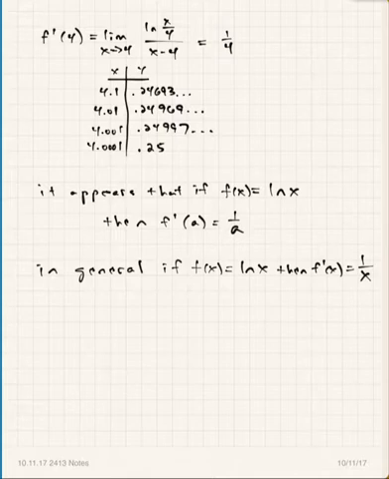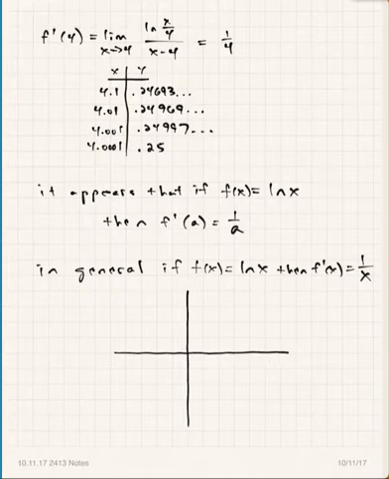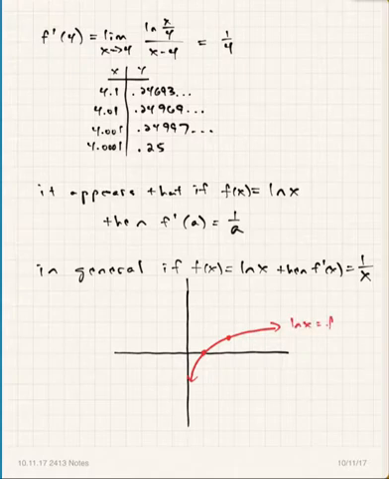Now certainly you could look at the graphs of these functions on the same set of axes if you wanted more evidence. We've looked at some numerical evidence that this relationship is true. If you wanted some graphical evidence, you could look at the graph of the natural log function. We know that this is the graph of the natural log function right here. So that's natural log x, and that's our function f. And we're saying that f prime of x is 1 over x.